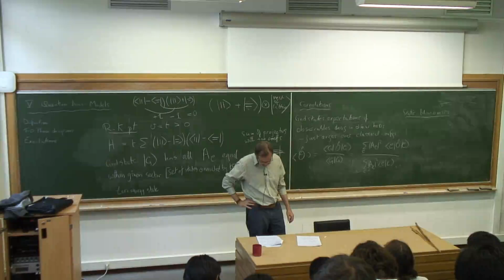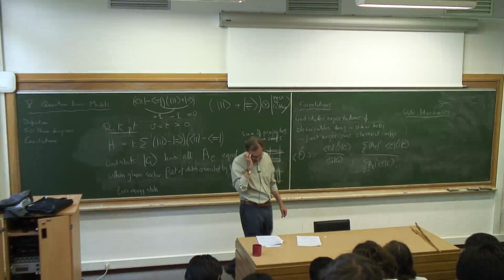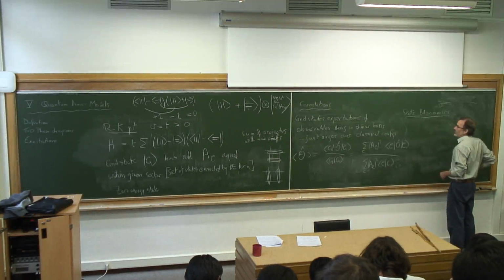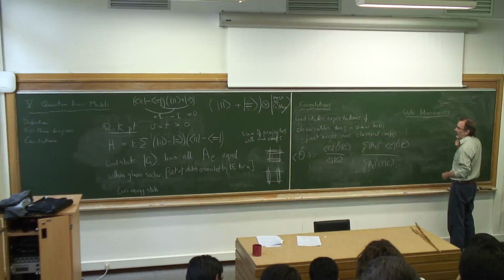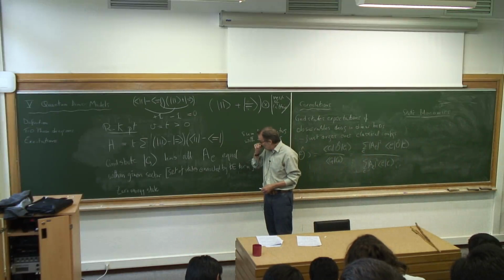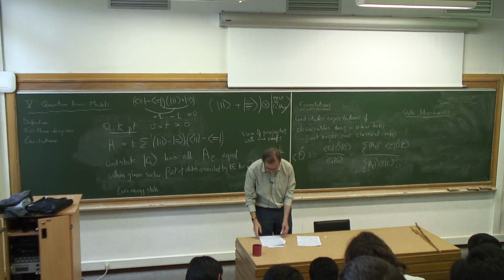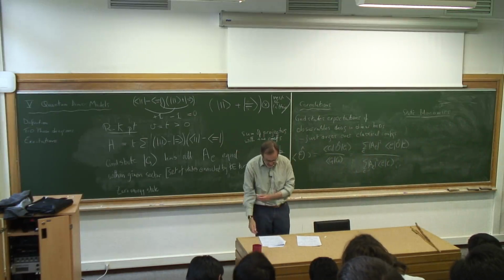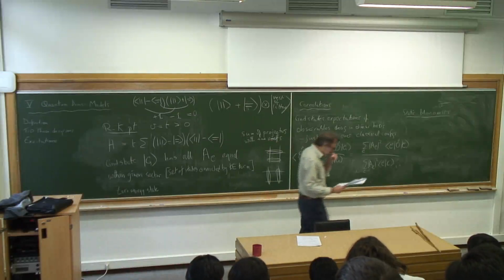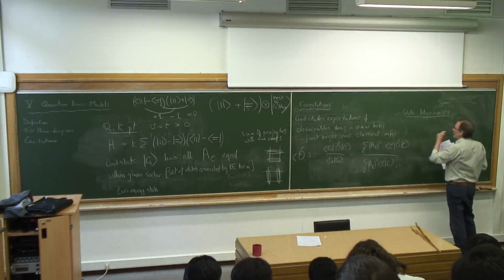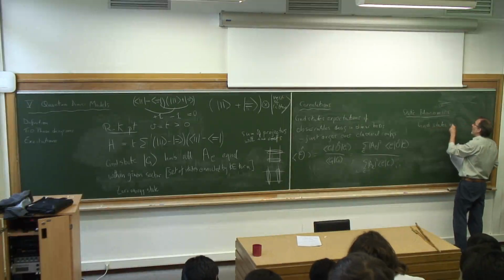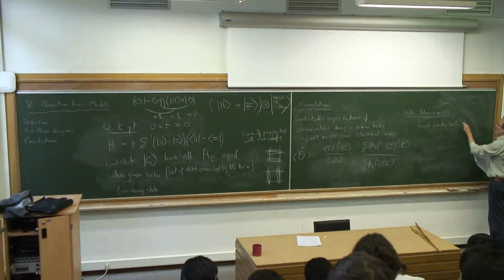And then at the Rokhsar-Kivelson point, you still have exact zero-energy eigenfunctions by taking equal amplitude superpositions of all dimer configurations that are compatible with particular positions for the monomers. So you still have ground states with zero energy.